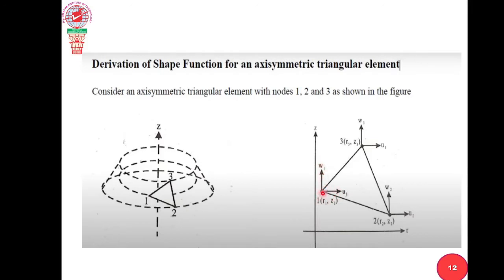Therefore, the nodal displacements are u1, w1, u2, w2, u3, w3. Clear? The r1, z1, r2, z2, r3, z3 are called the global coordinate system. Clear?